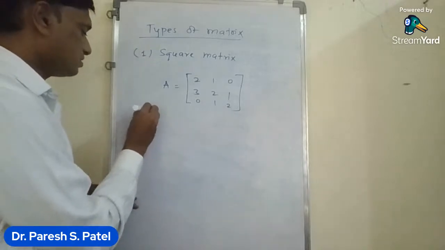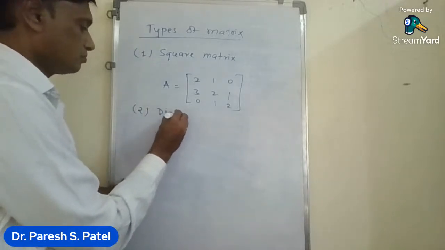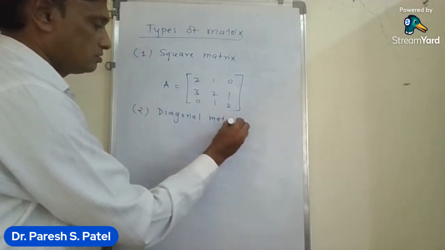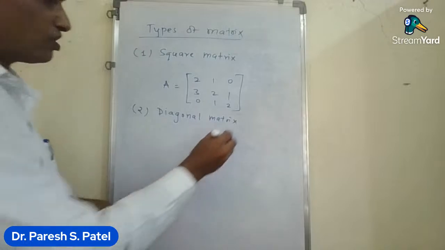Second one is diagonal matrix. Now what is a diagonal matrix?